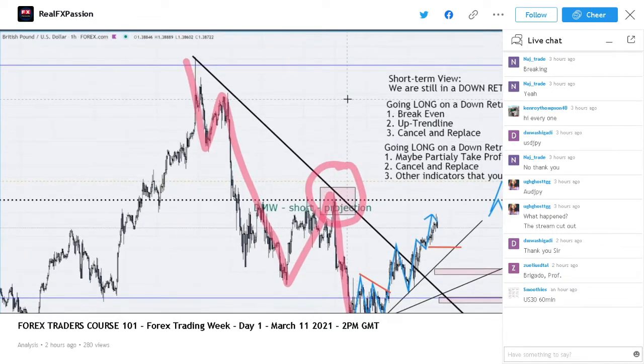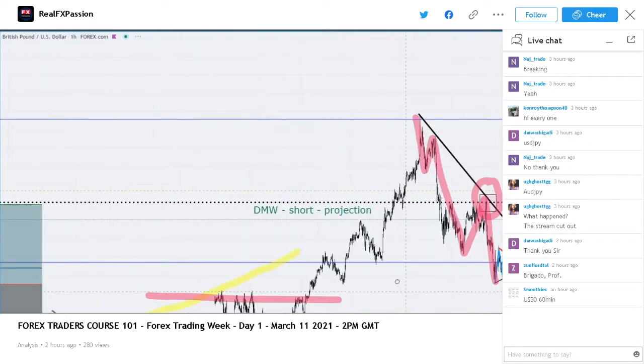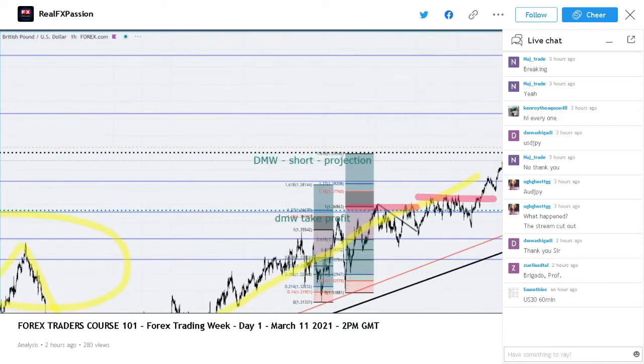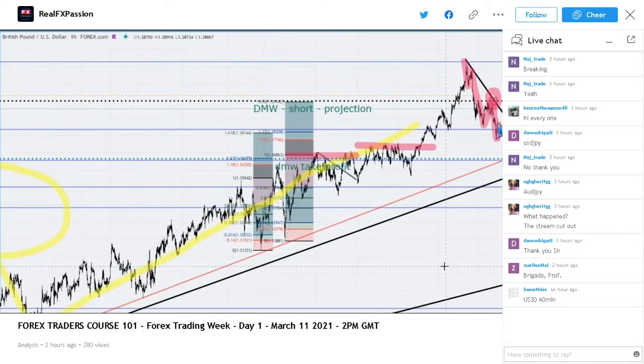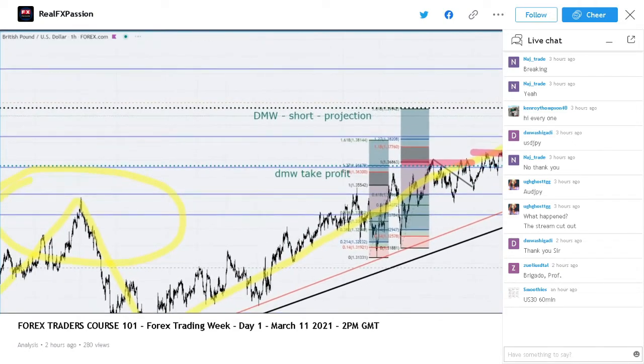Okay, we learned so far what is long term, what is short term, right? GBP 1 hour chart, if we compress the chart, right? Did the view change right now, everybody? I just compressed the chart. So are we in an uptrend or are we in a downtrend?